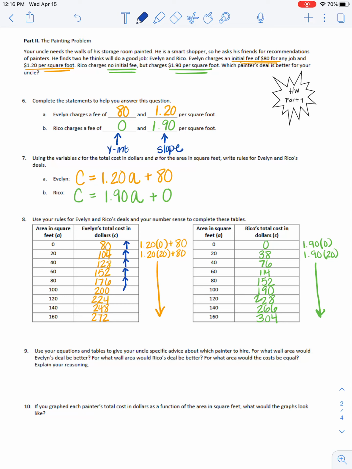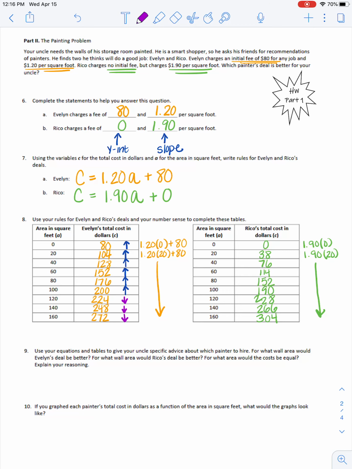And 200 is still more expensive than 190. But look at what happens next when you get to 120 square feet. Evelyn is now less expensive than Rico, and at 140 square feet as well, and at 160 square feet as well. And this is going to continue.